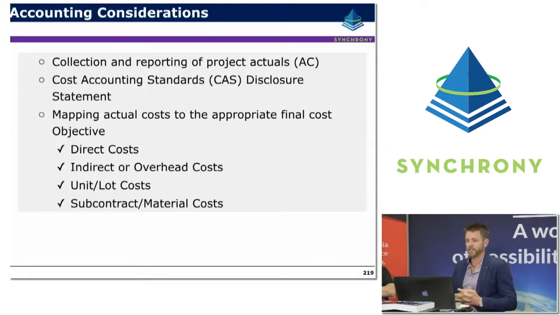So I guess the key accounting considerations are the collecting and reporting of project actual costs. There are cost accounting standards and disclosure statements that need to be complied with. There's the process of mapping actual costs to the appropriate final cost objective or a WBS element. These include direct costs, indirect or overhead costs, unit or lot costs, and subcontract and material costs.